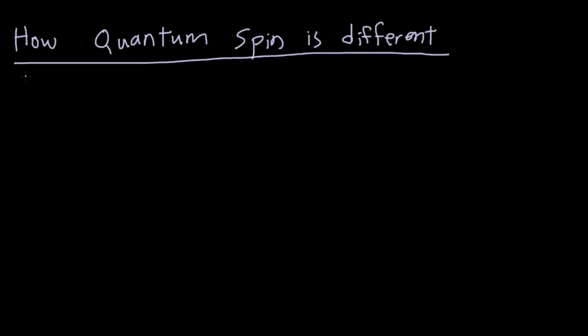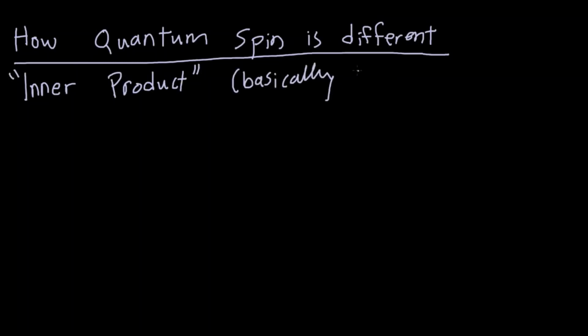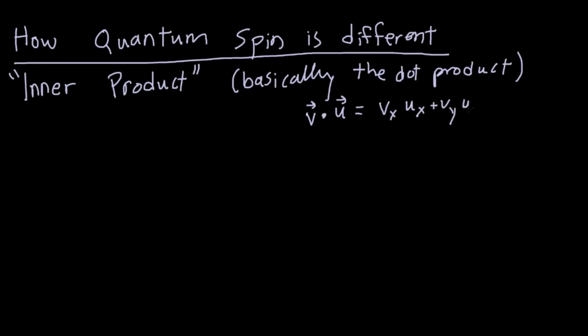All right. So the next thing we have to talk about is the so-called inner product, which is basically more or less like the dot product. So remember that v dot u equals vx ux plus vy uy plus vz uz.